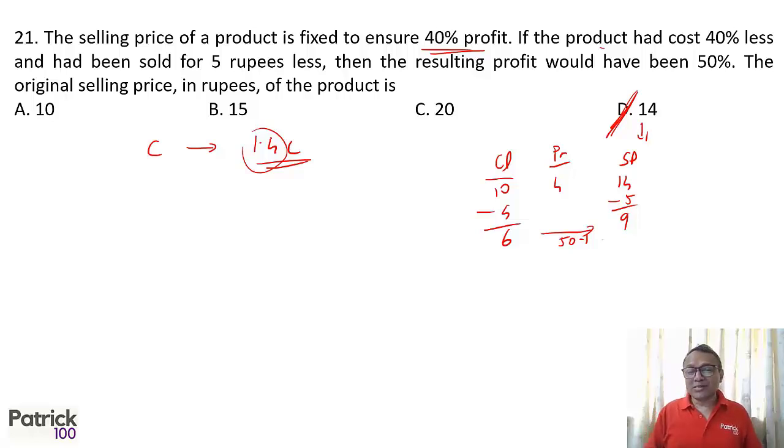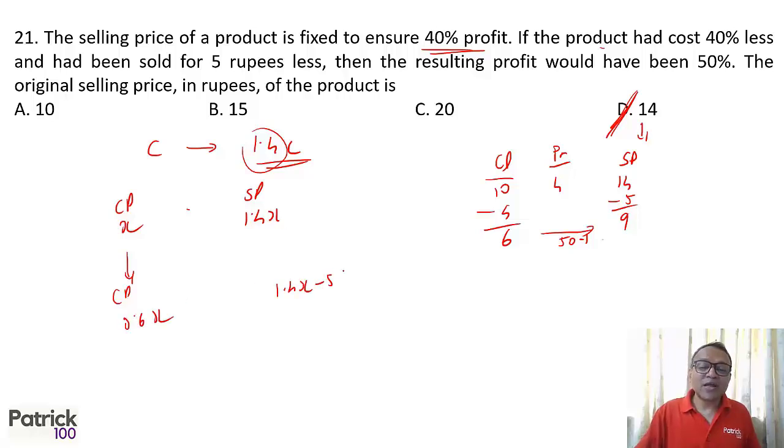If you want, you can start by assuming the cost price is X, the selling price is 1.4X because profit is 40%. If I reduce the cost by 40%, the new cost price becomes 0.6X. Your new selling price becomes 1.4X minus 5.